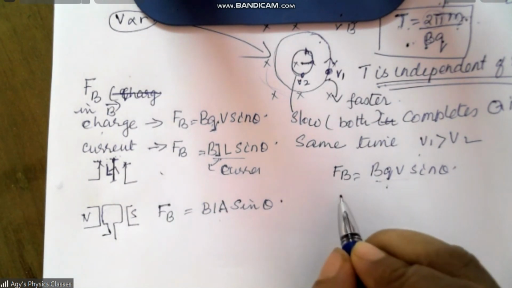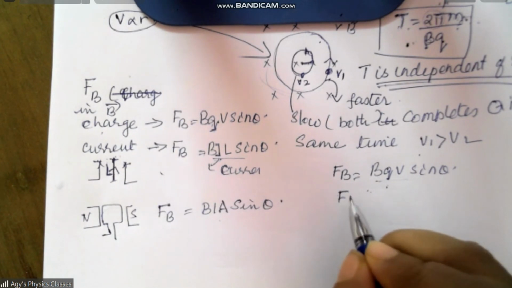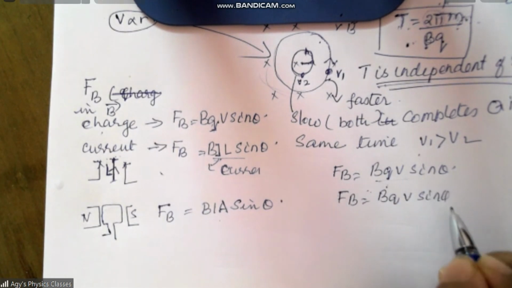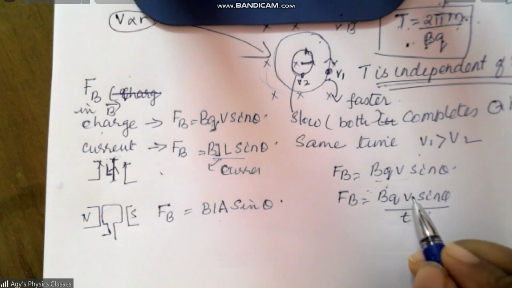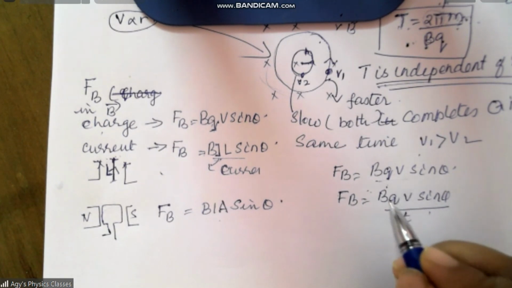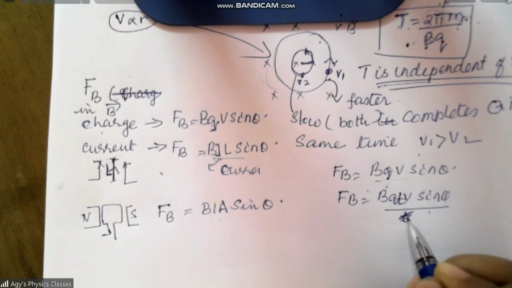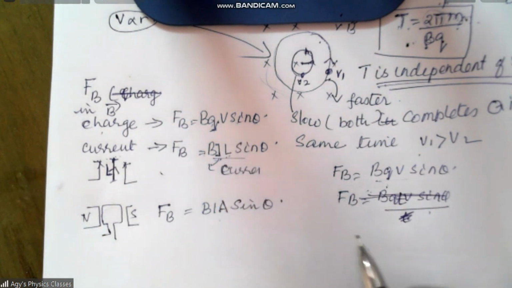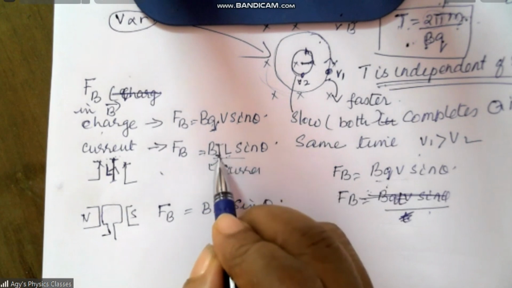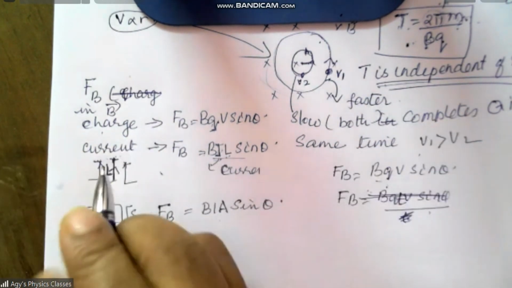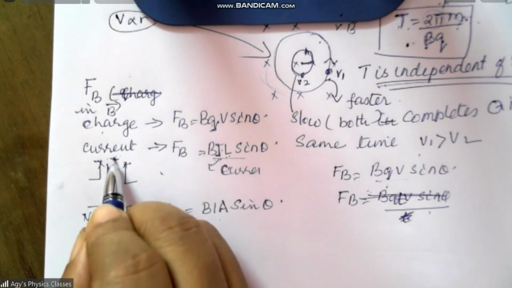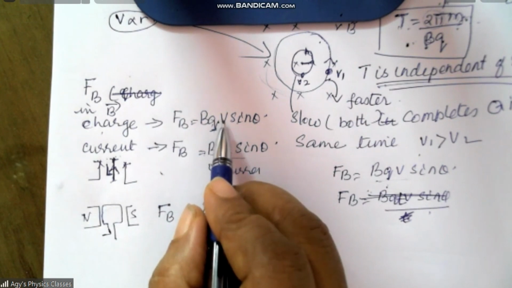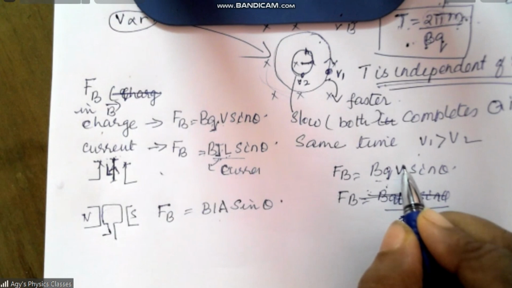So that means for the second one, FB is equal to BQV sine theta, with I equal to Q by T. Here charges are moving in a certain time, so velocity is equal to distance by time.